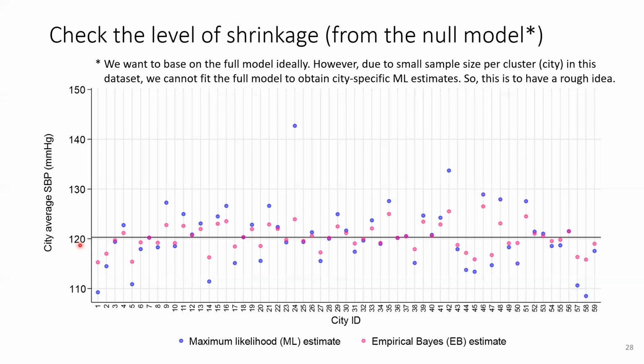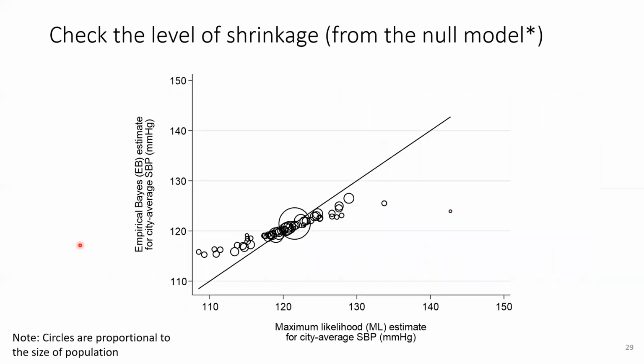And we use the same data set, but plotted in a different way. Here the horizontal axis shows the observed mean of systolic blood pressure, and the vertical axis shows the estimated city-specific mean.